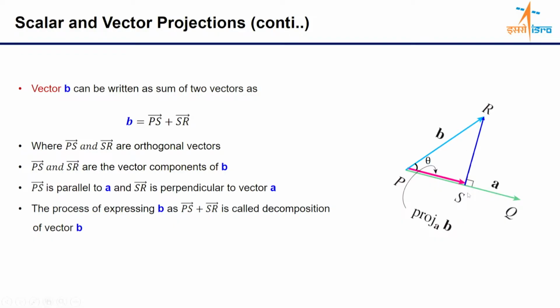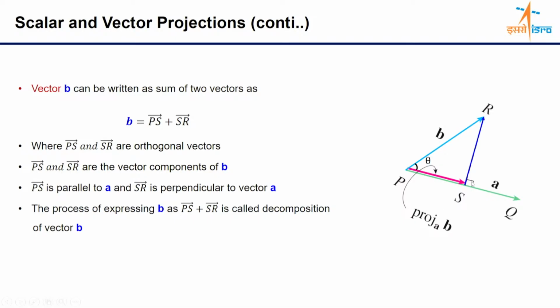Or let us say there may be another situation. Suppose S is somewhere here, and at this location some other letter is there, let us say X. At that time you can also write it by connecting one vector from P to X and then from X to S. So in that case you can write B vector equal to PX vector plus XS vector plus SR vector.